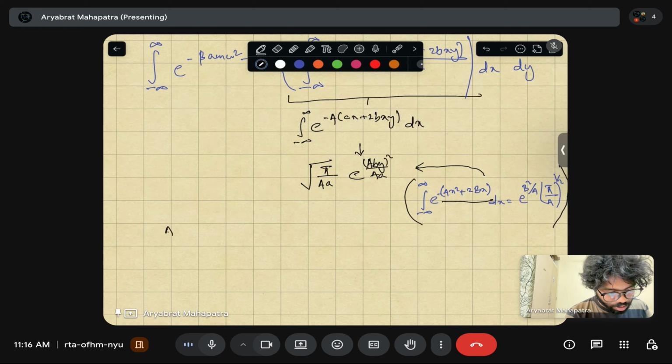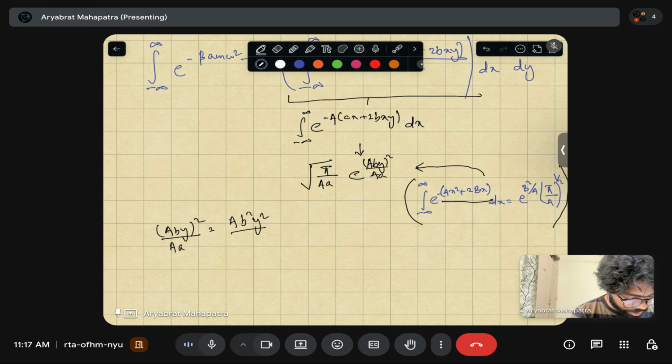So then, if you compare, you can find out what is exactly the vector a small b y square over big A with small a, that is equal to a b square y square. That is basically a square. Yeah, just a will cancel out.